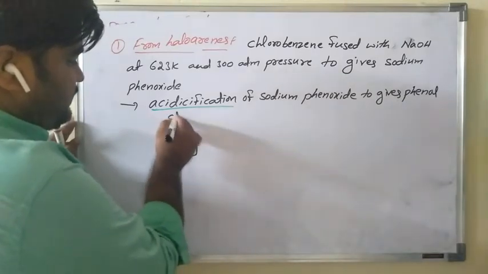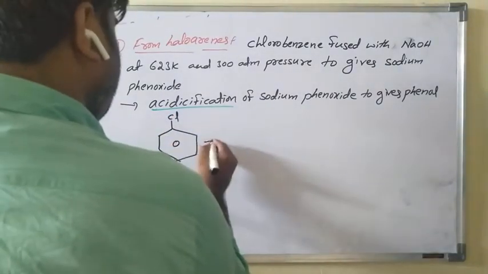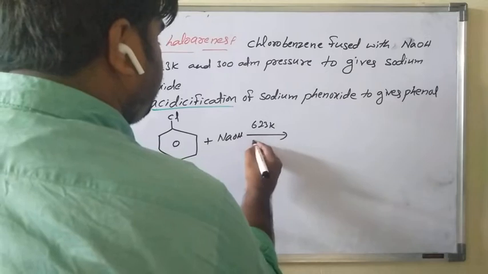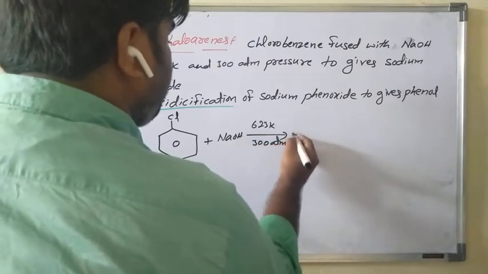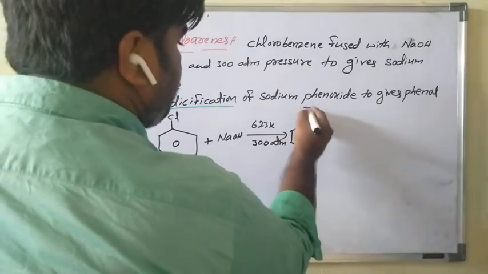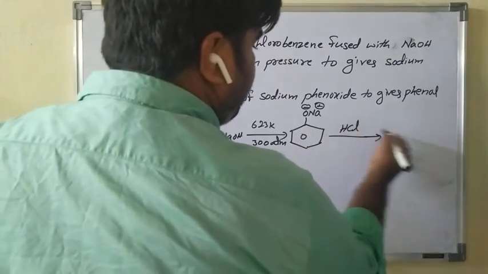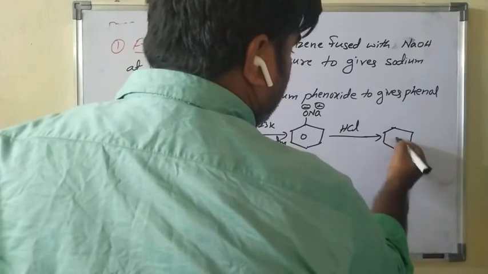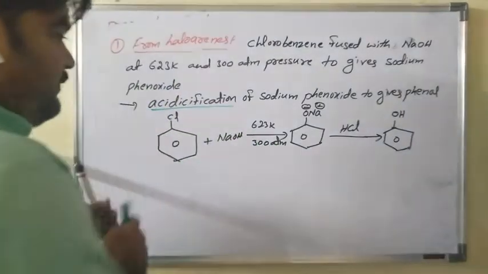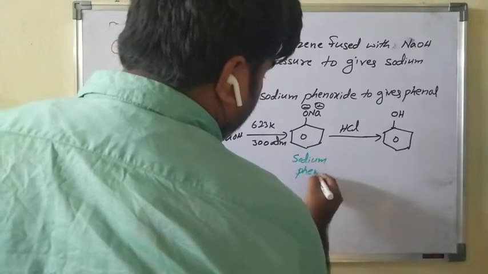Chlorobenzene fused with NaOH at 623 Kelvin and 300 atmosphere pressure gives sodium phenoxide. By acidification, meaning acidic medium, you can take HCl, and this gives phenol.